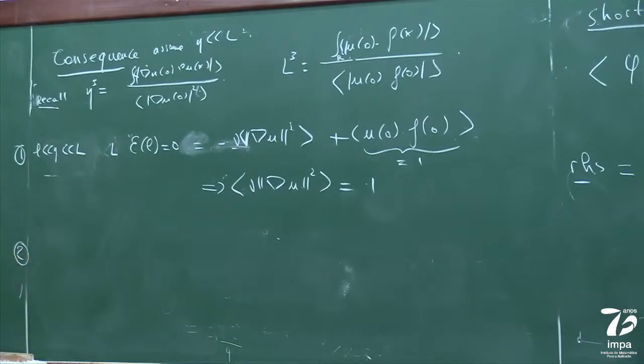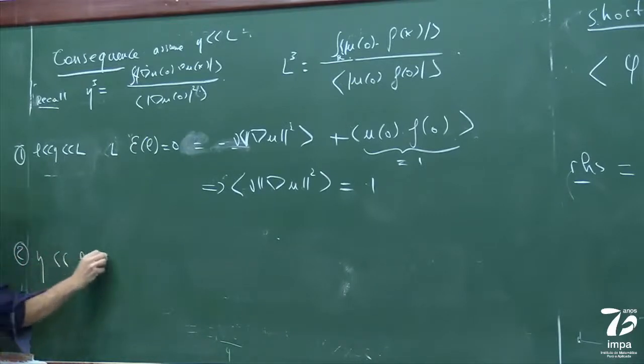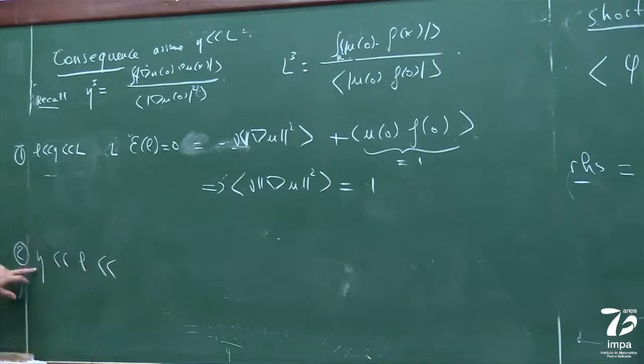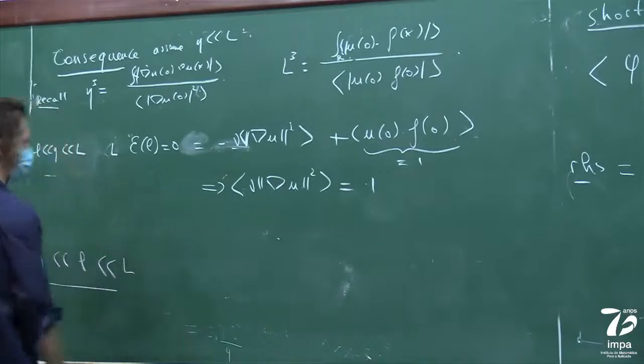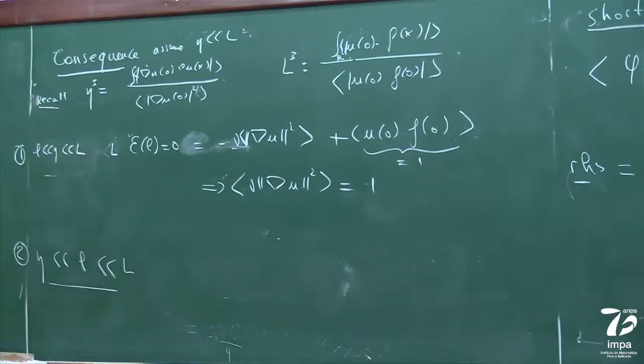Second possibility is that eta is between, this time we take the observation scale larger than eta, but still smaller than the correlation scale of the forcing. Then what's happening?